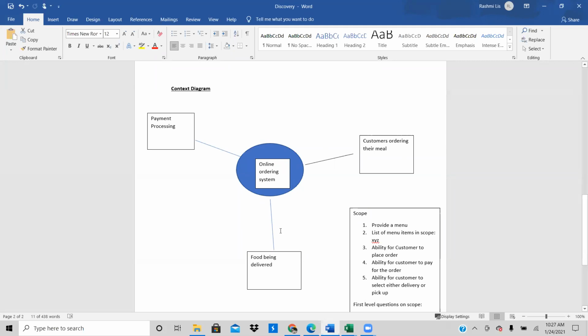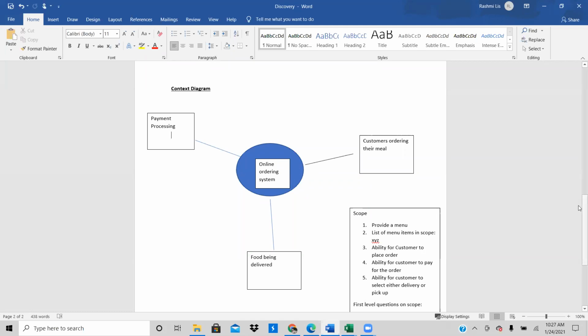You will also have delivery, so that's one of the entities. Customers ordering their meals is an entity, so customer is a user. Sometimes I've seen it where they break down the customers by demographics, like older versus younger customers, or customers within a geographic location. So you can break this down even further.